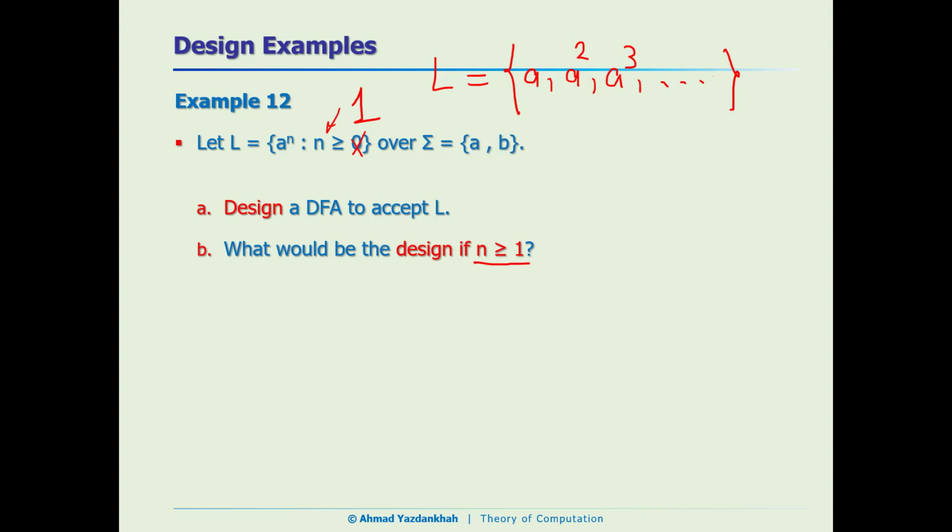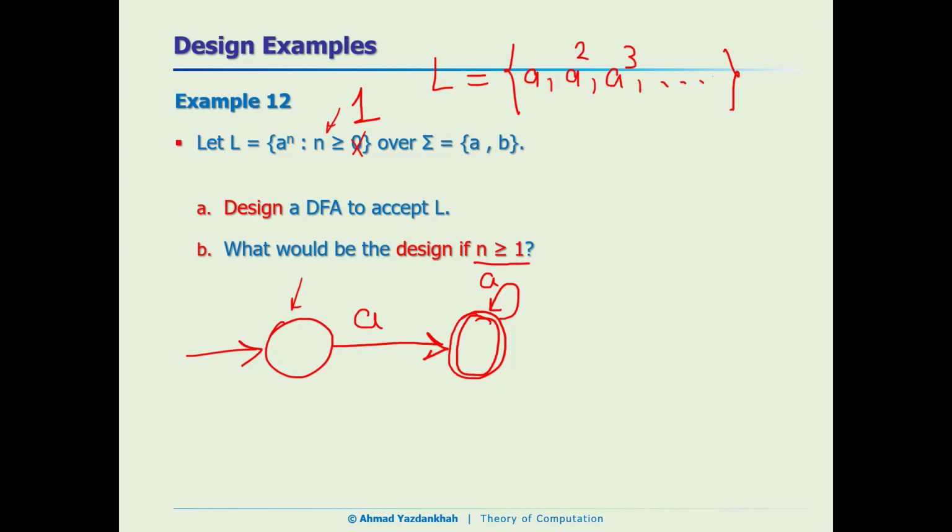All right, so how can we do that? So it means that at least we need one A. Okay, no problem. At least we need one A, right? So we move it to here, and now we make this guy an accepting state, and we put a loop here, A. So this way we moved from the initial state because lambda should not be accepted, right?